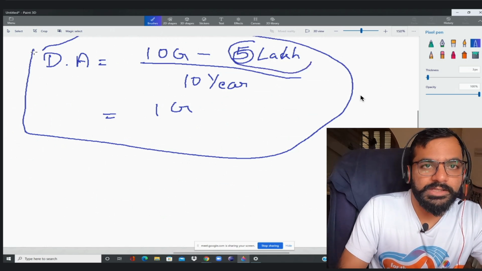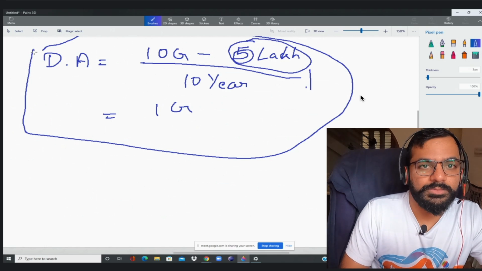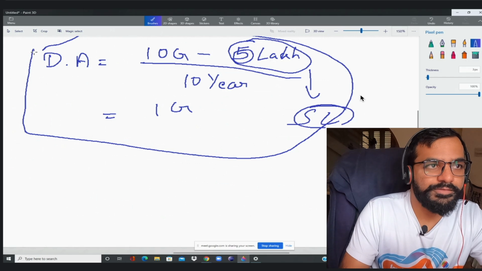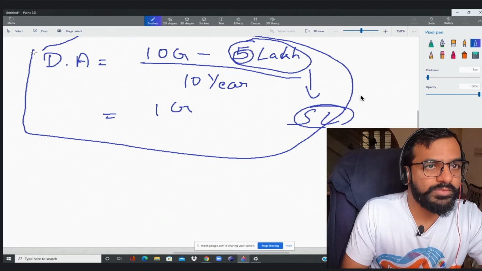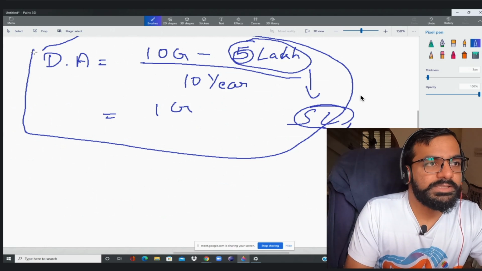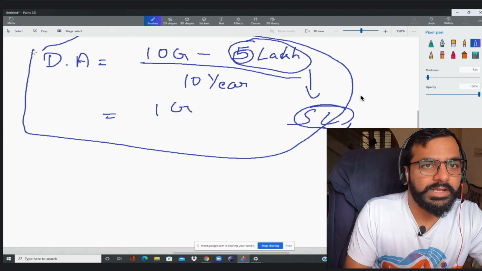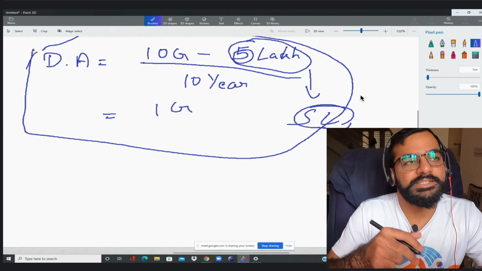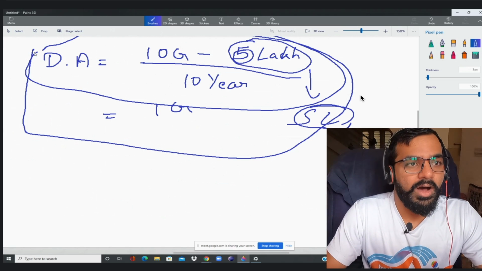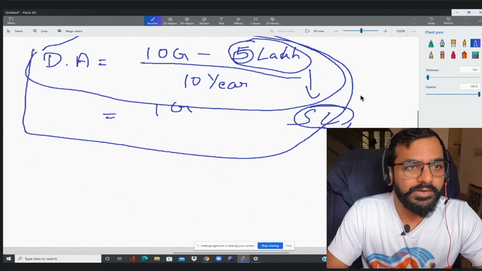This particular thing is called salvage value. That means after the end of usage, or the end of the life of the asset, what will be its value. So this is the formula for calculating the value of depreciating assets. Again, this is not a perfect value that we will derive.